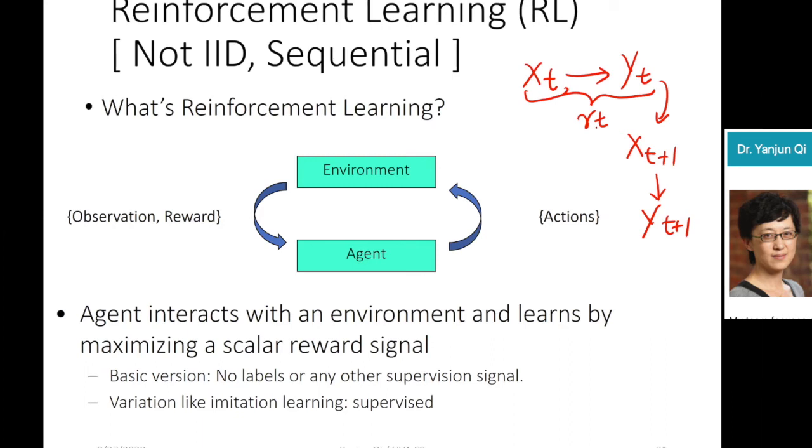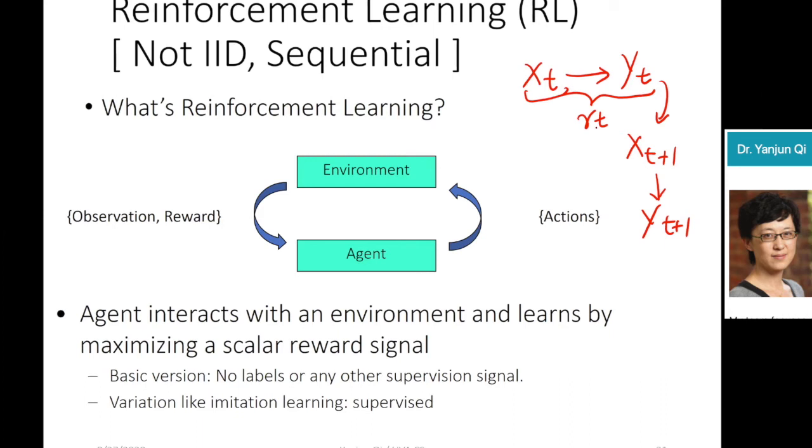And I need to decide, when I'm in this XT plus 1, what YT plus 1 action I should take. Which means I don't have XT-YT like in a supervised setting, but I'm also not in an unsupervised setting. I have some kind of reward function to tell me what are the better YT, but it's not a clear YT label given.